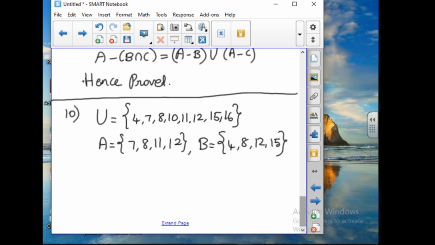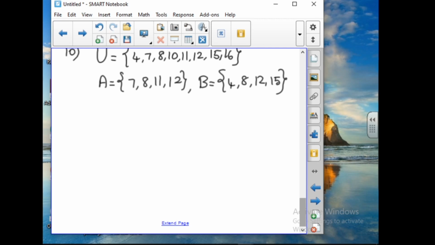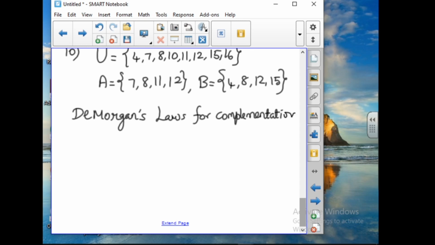Already we know the complementation properties. So what do we want to check? De Morgan's laws for complementation. In this we have two subdivisions.